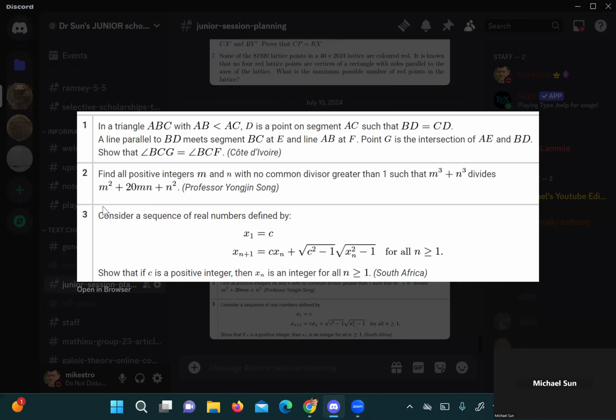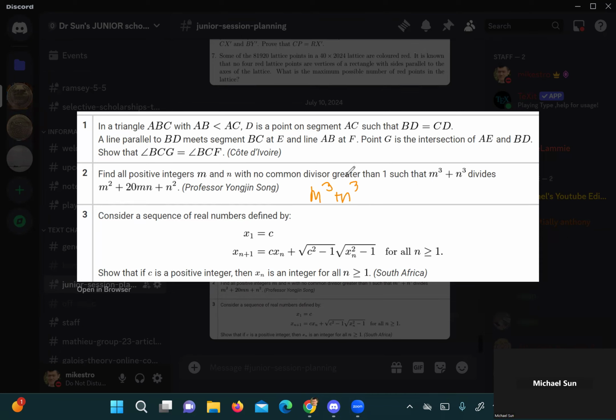Okay, maybe you can learn something about factorization. Do you know factorization in algebra? Do you know that m cubed plus n cubed factorizes as something?